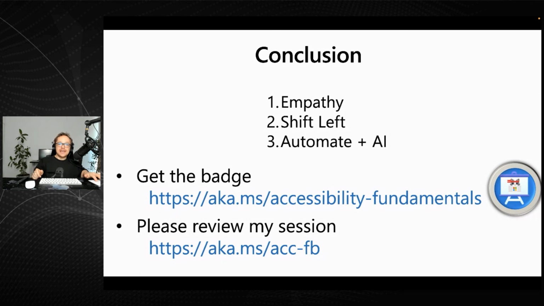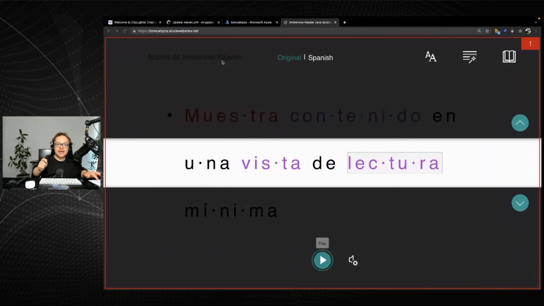Okay, next question. Is it enough to use automated tools to develop accessible web applications? It isn't really, because to get completely WCAG 2.1 AA compliant, you want to use manual testing. Some of those tools I showed you, like even the Maven test, will only pick up 25% of those problems. You still need a human to do that. If you remember on the website I have here, let's click in here.